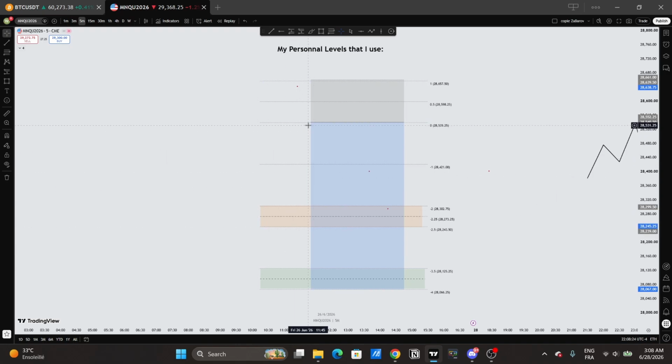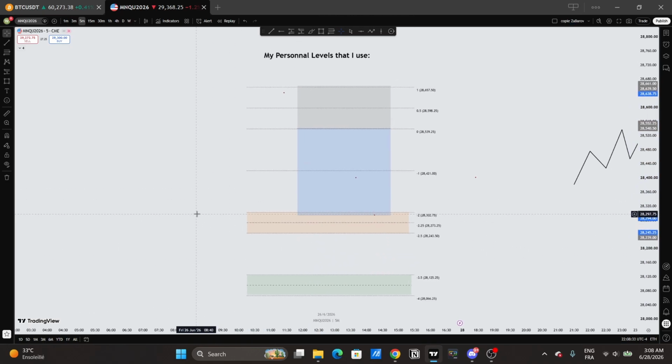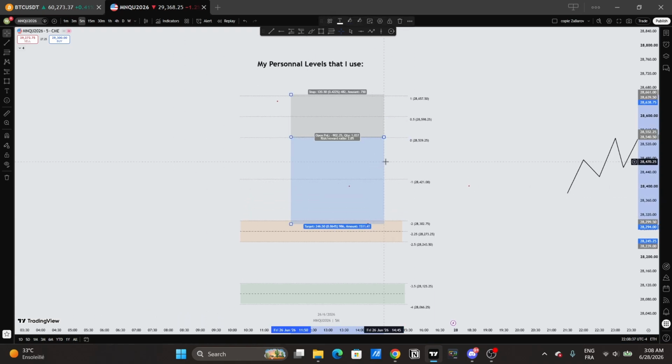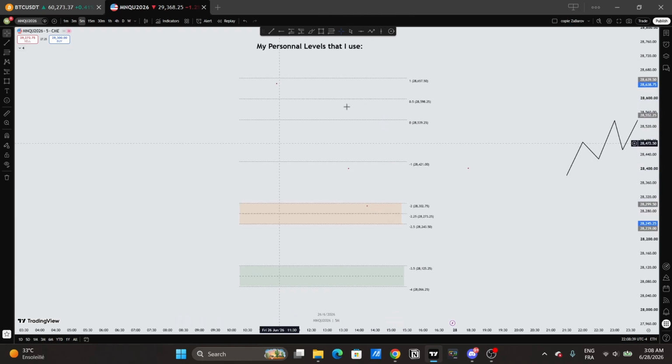But the majority of my trades that I take, I usually cut the big half of my trades in this zone between the -2 and the -2.5. So these are the levels that I use. We have the 1.5 and 0 to mark out the manipulation leg. We have the -1 to confirm if we traced our standard deviations correctly.